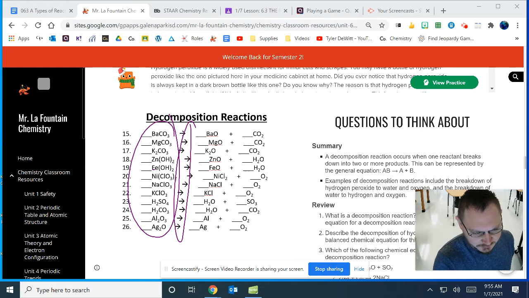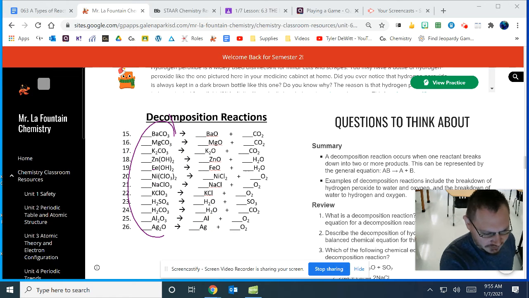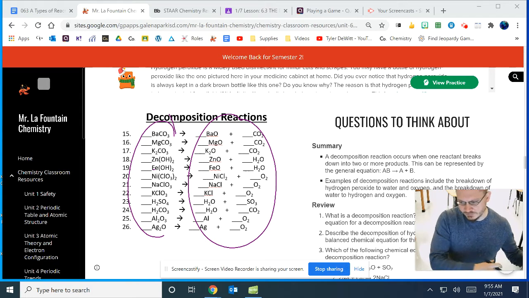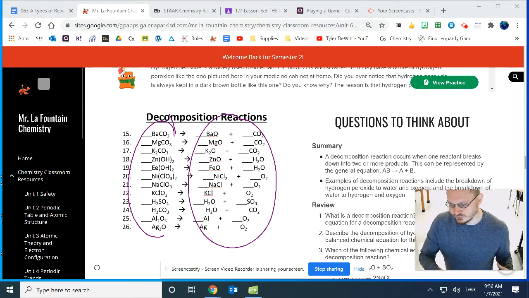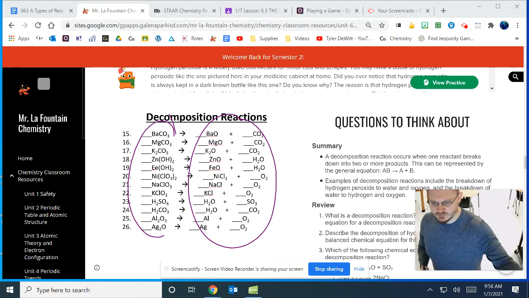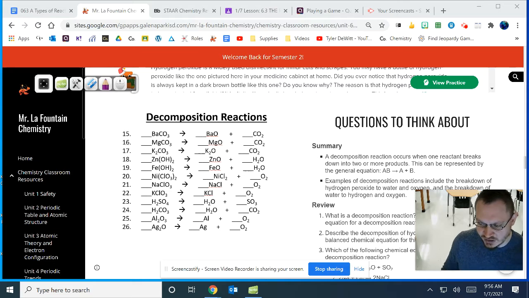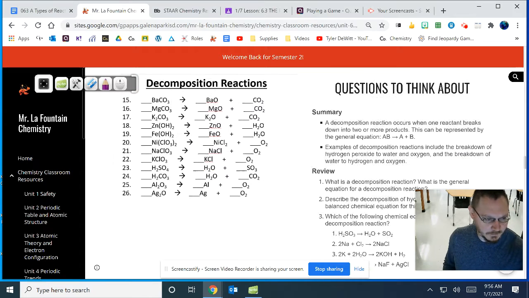After the reaction takes place, this one thing is going to break apart into two things, all right? So synthesis or combination reactions are kind of the opposite of decomposition reactions. In synthesis, two things become one thing, and in decomposition, one thing breaks down into two things, right? It decomposes into two things. So decompose means to break apart. Synthesis or combination means to put together.